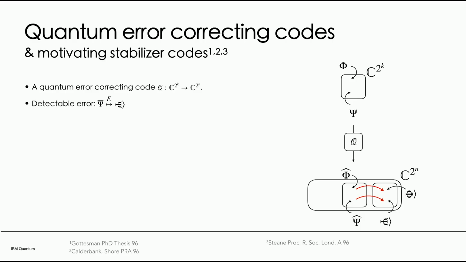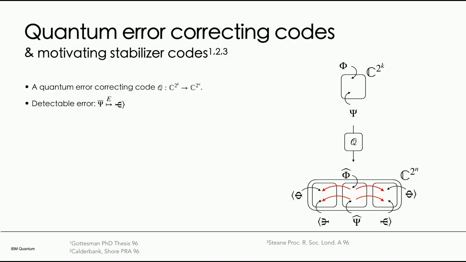When you have an error, and in this cartoon I've represented an error simply by rotating the symbol for the state 90 degrees, the hope is that it maps onto an entirely orthogonal space. And that way you can distinguish when you're in your code space and when you're not by asking which of these distinct orthogonal spaces is my state in. If they're not orthogonal, then you can no longer distinguish them and you might have created an error.